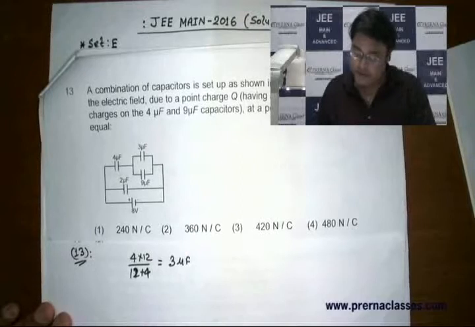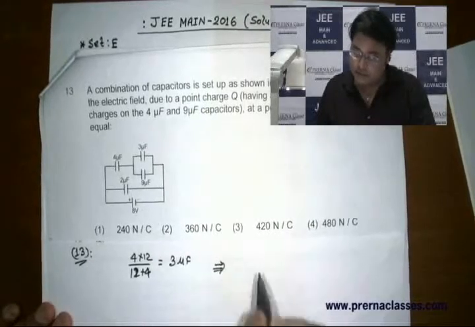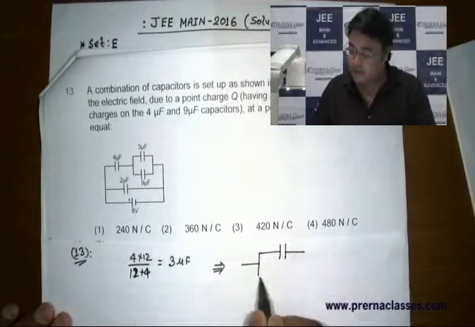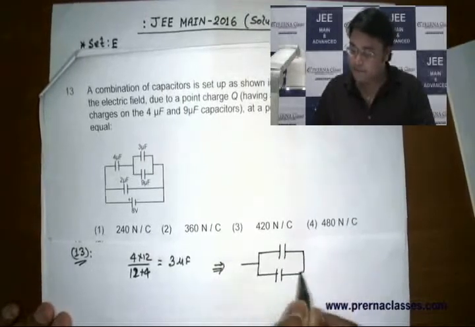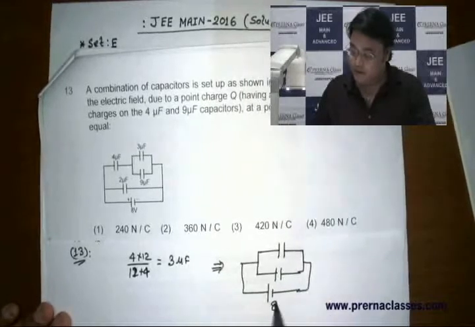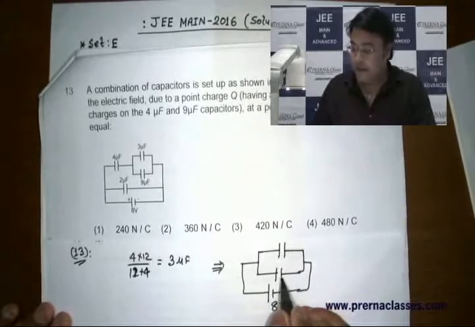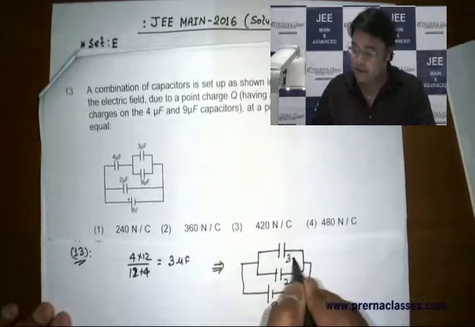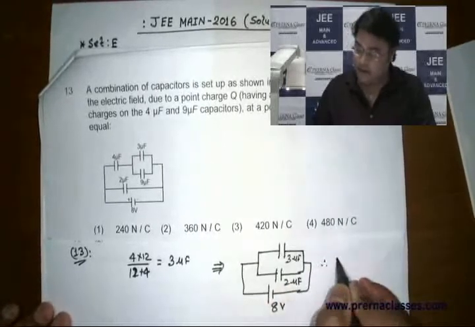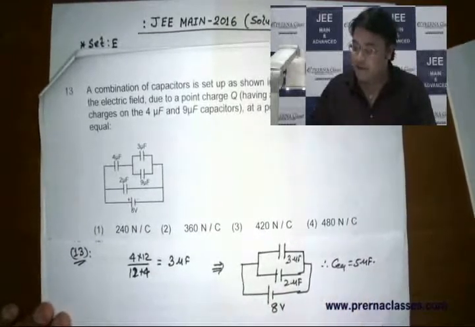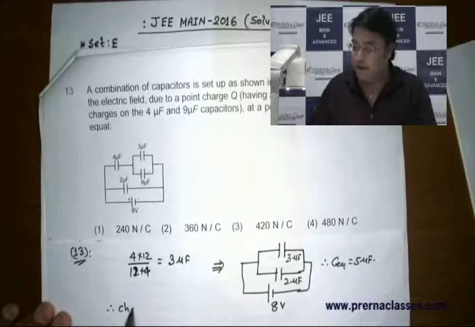So it comes 3 microfarad. Now let us transform the setup like that: 8 volt, and it is 2 microfarad and it is 3 microfarad. So clearly C equivalent of this setup is 5 microfarad.